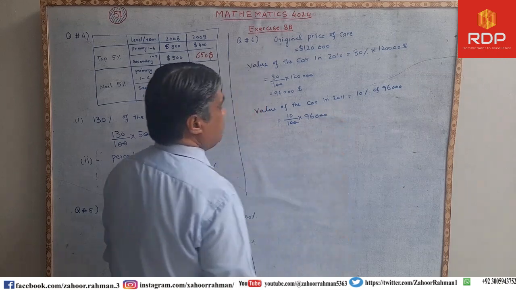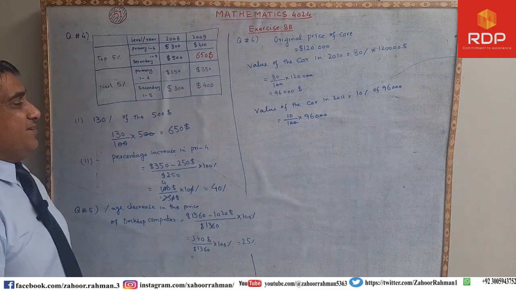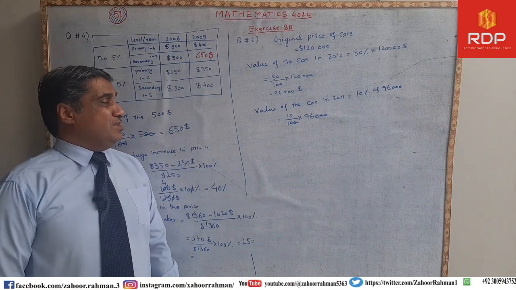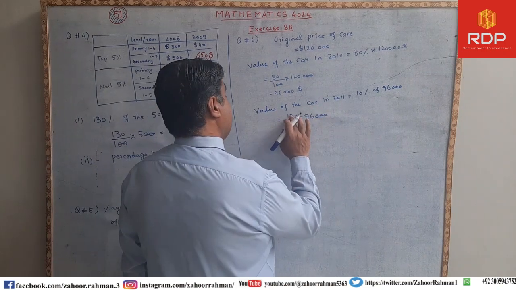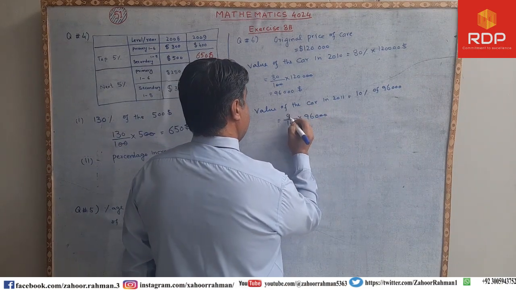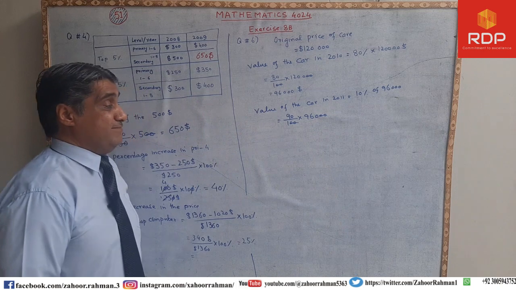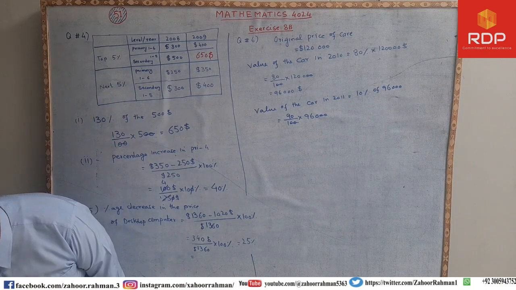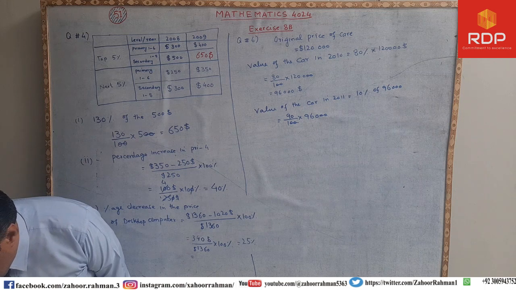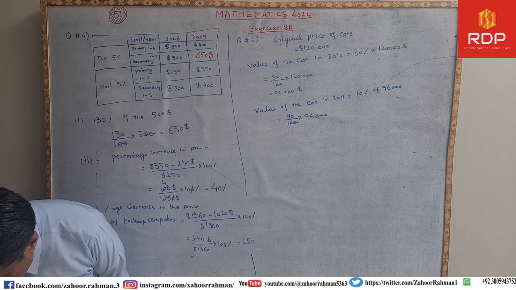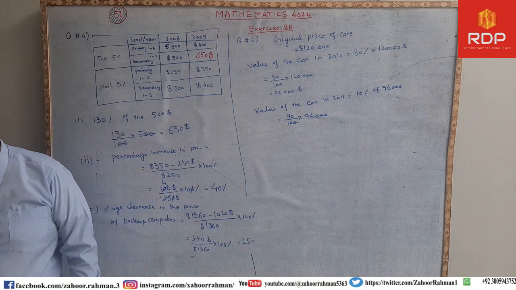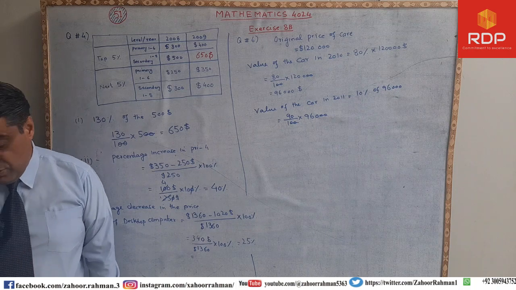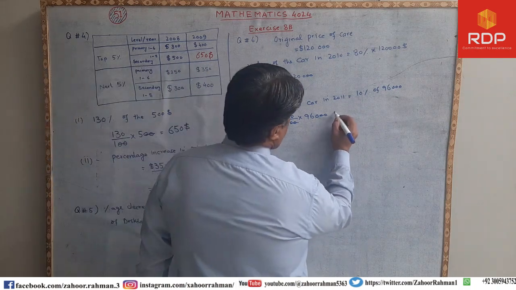These two zeros are cancelled with this one. So a 10% decrease means 90% is remaining, not 10%. So 90%, when we calculate it, we will get the value is $86,400.